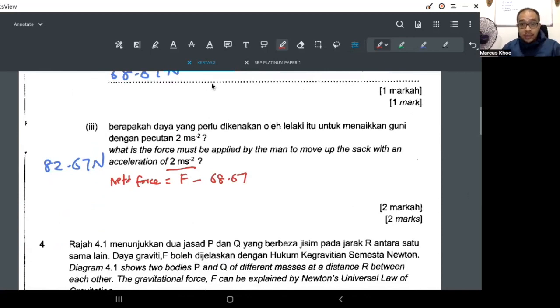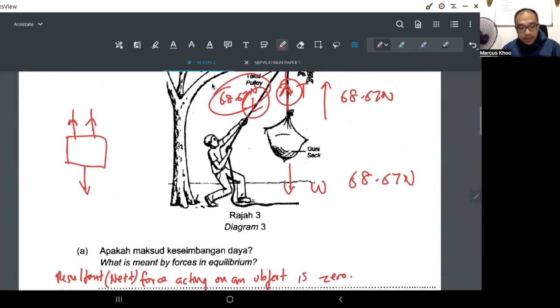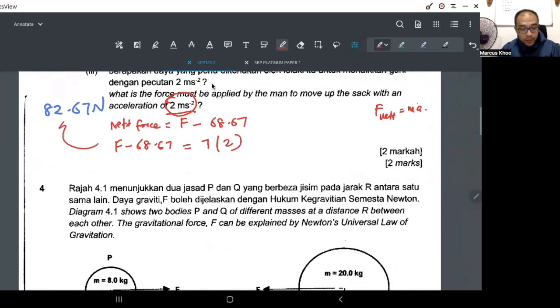So I assume that the net force is F minus the 68.67, which is downwards. According to Newton's second law, net force equals ma. So F minus 68.67 equals 7 times 2. You calculate this and you should be able to get 82.67 newtons.